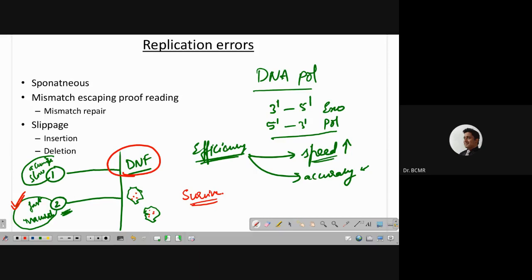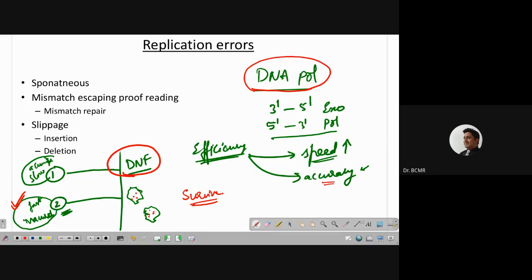In that line of thinking, DNA polymerase 3 has high speed, and it would rather compromise on accuracy because the competition is heavy. You have to eat up as many resources as possible and divide faster than the other competitors. Otherwise, you are eliminated from the race.